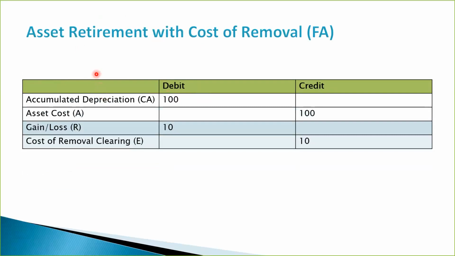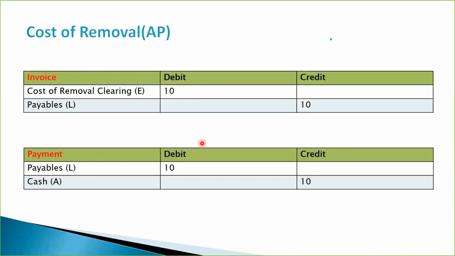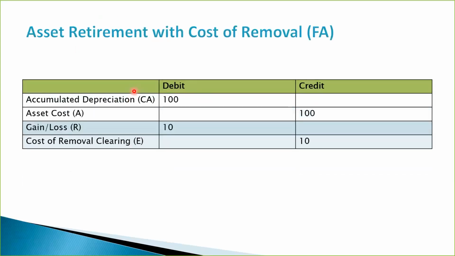When we go to FA for the retirement part, retirement, of course, involves debiting accumulated depreciation and crediting the asset cost. Cost of removal clearing will be credited on this part of the transaction, which will cancel out with this. We have a loss in this case because we are paying to have our asset removed.